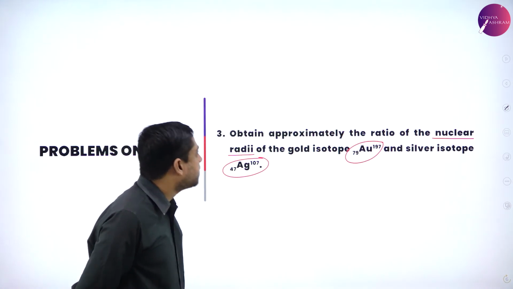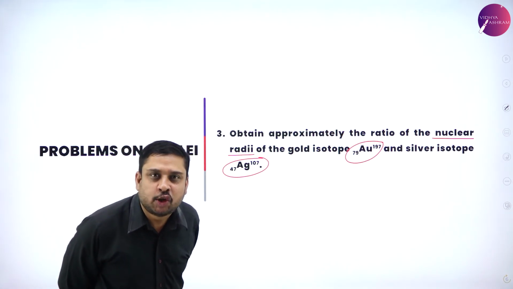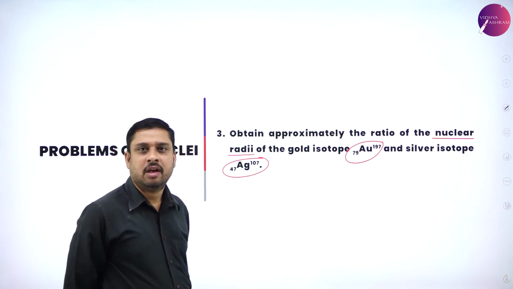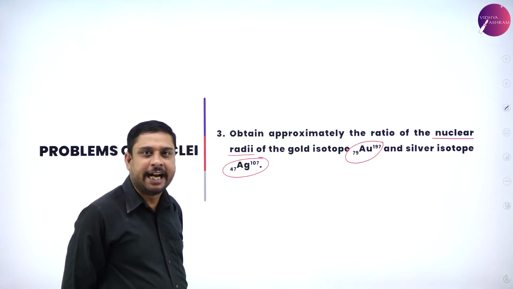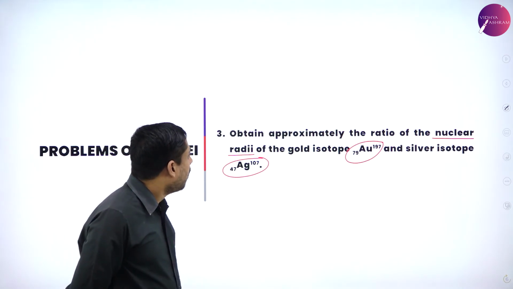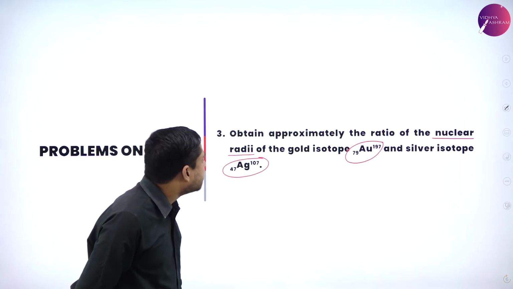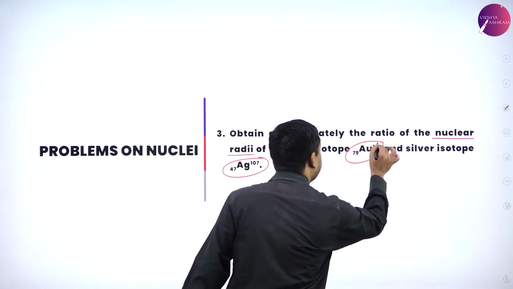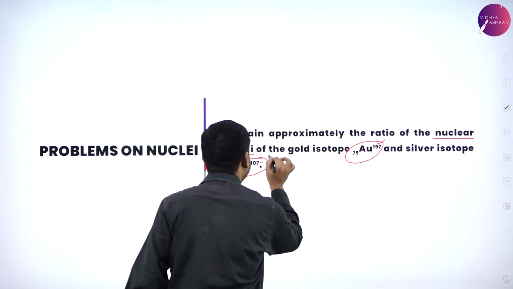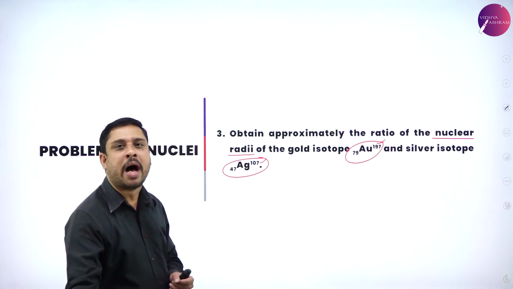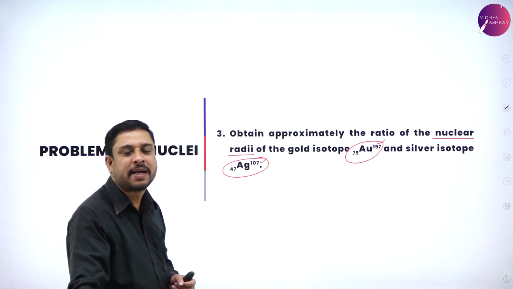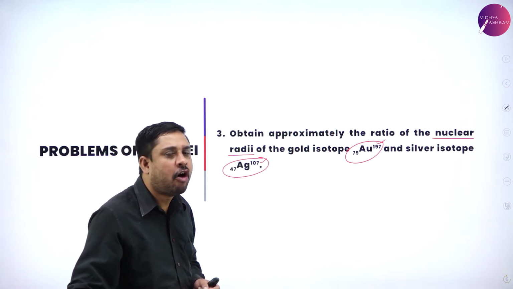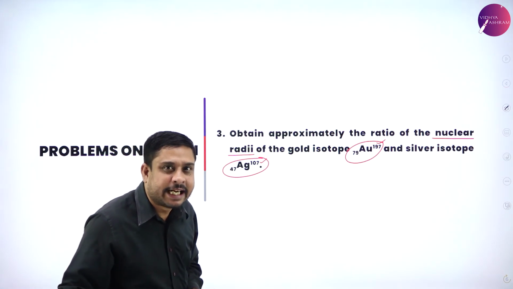I have been asked to calculate the ratio of the nuclear radii of gold and silver isotopes with mass number 197 and 107 respectively. Now, what is the expression for nuclei radius?